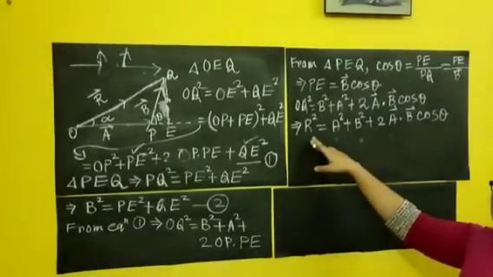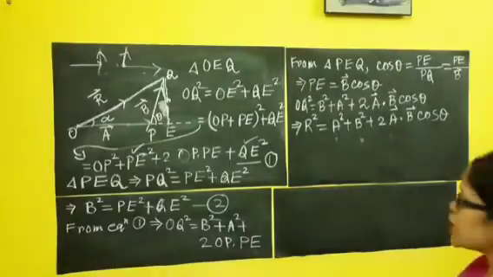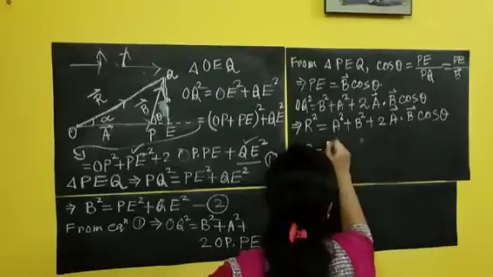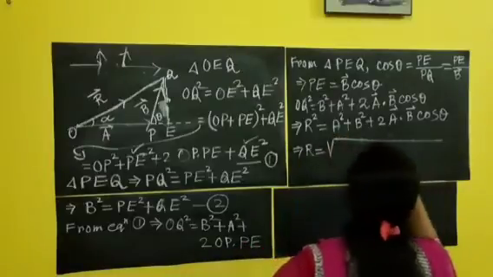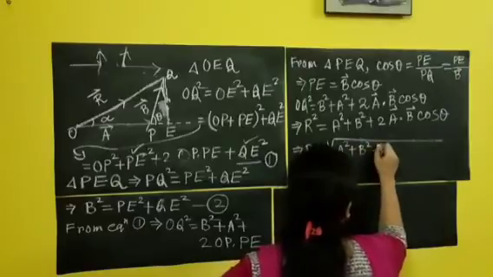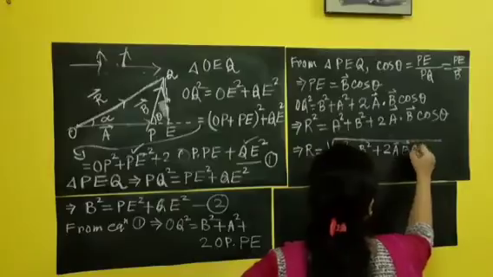What will be the resultant? By the triangular law, I can easily calculate the resultant. So the resultant vector R equals the square root of A square plus B square plus twice A B cos theta.